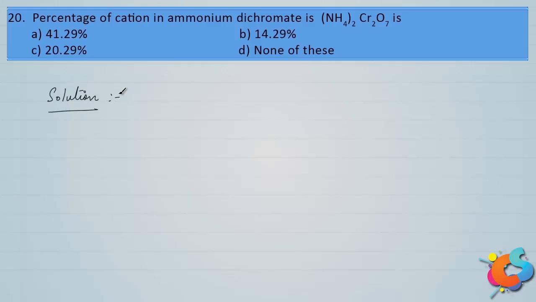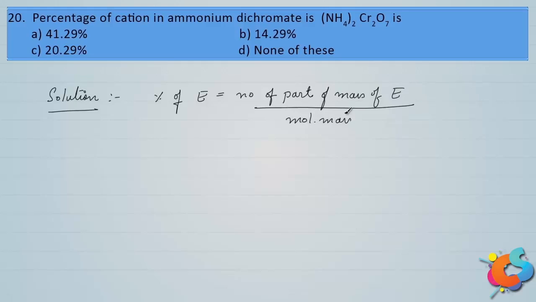The solution for this problem is, percentage of the element or constituent can be given as number of parts by mass of element divided by molar mass into 100.